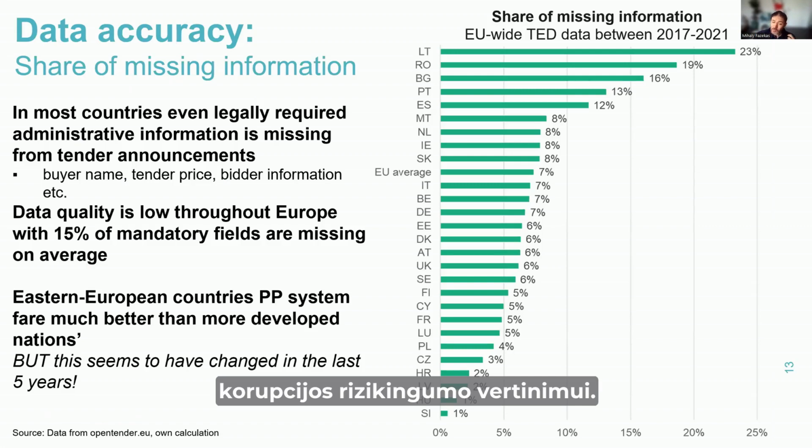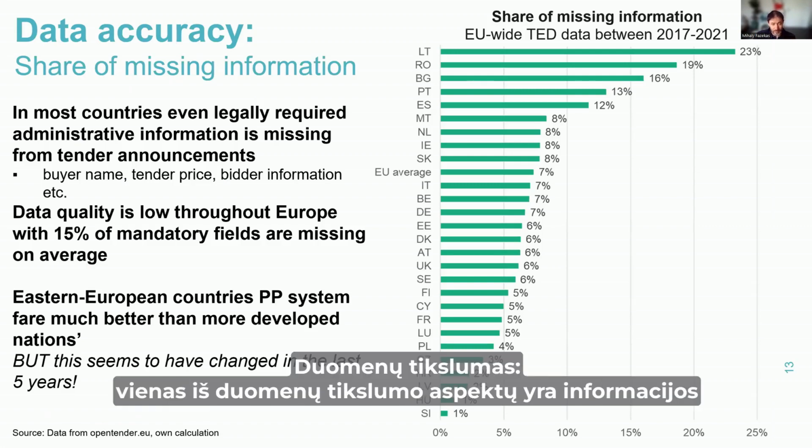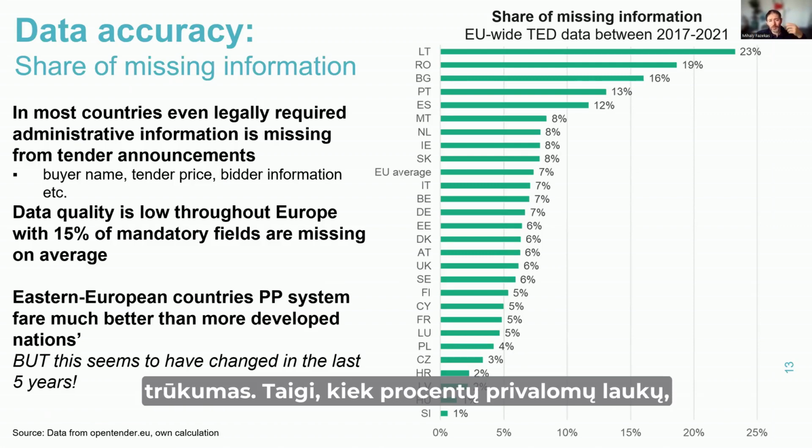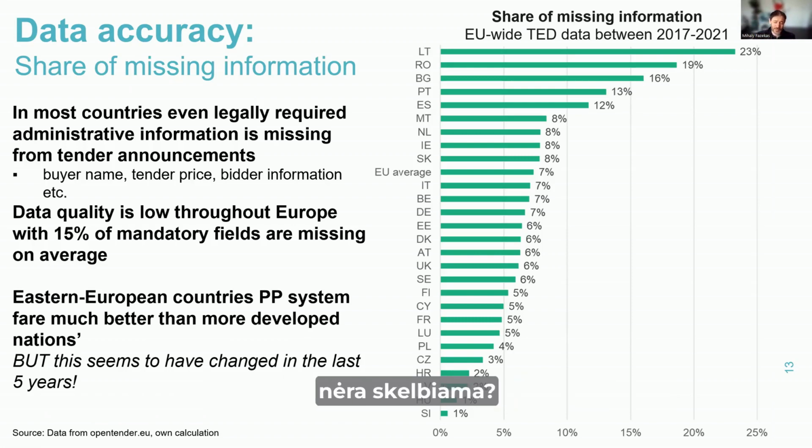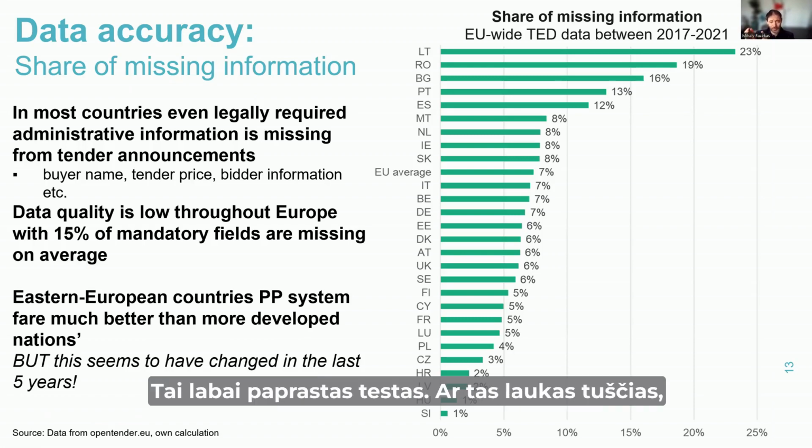Data accuracy, one aspect of data accuracy is missing information. So what percentage of mandatory fields, so legally required information to be published, so what percentage of this information is not there? Okay, it's a very simple test. Is it empty, that particular field, or not?